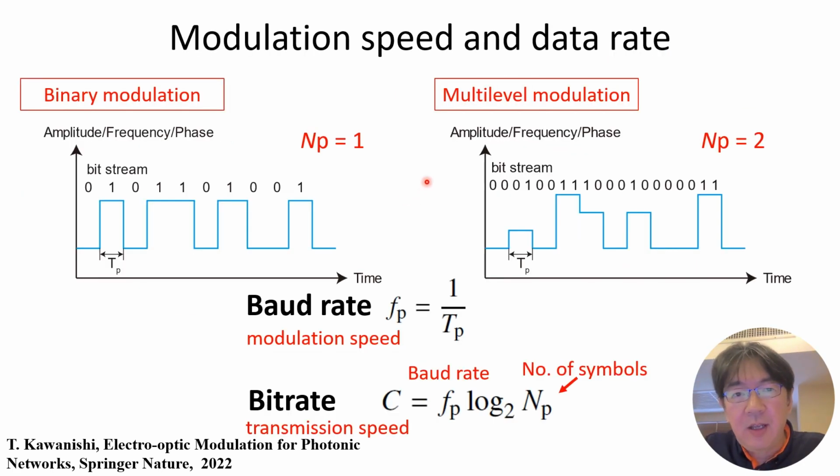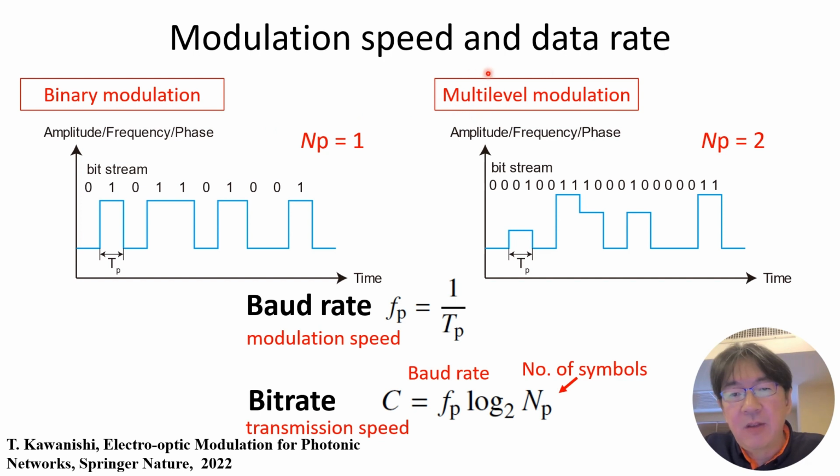Okay, here I'd like to explain the modulation speed and data rate. There are various types of modulation scheme. They can be divided into two types. The first one is binary modulation. It has only two symbols. So we can send 0 or 1 by one modulation step.